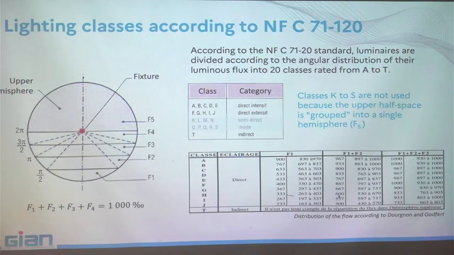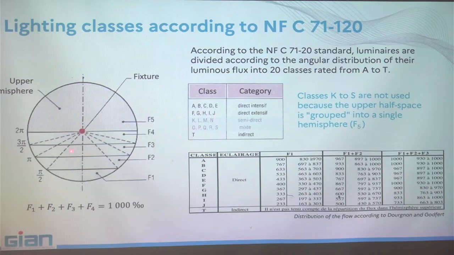They said, okay, let's assume that a fixture is divided into zones 1, 2, 3, 4, corresponding to some standard angles in 3D.